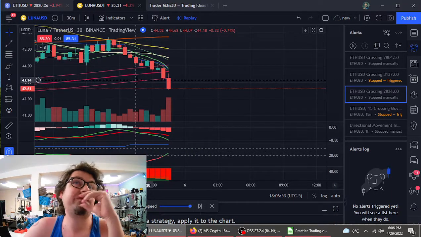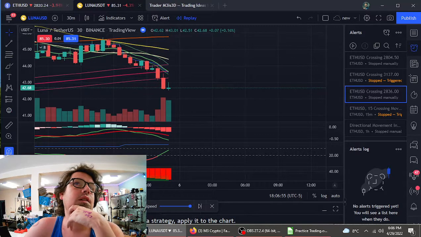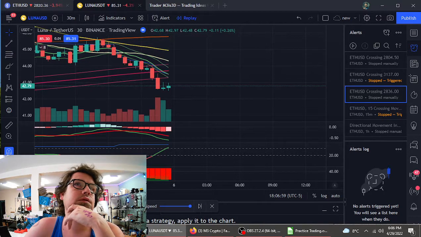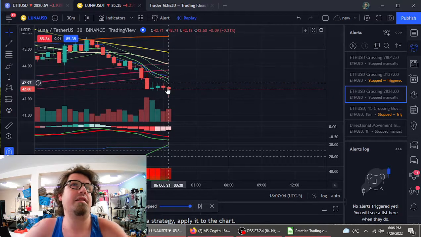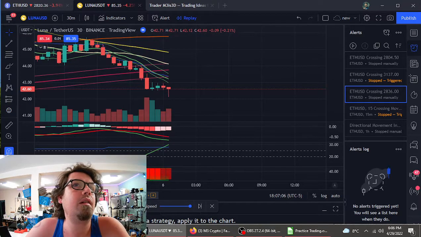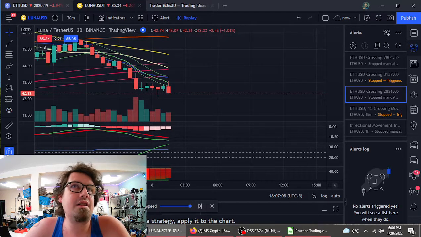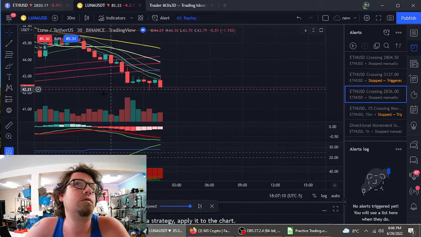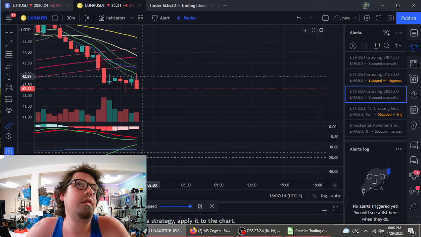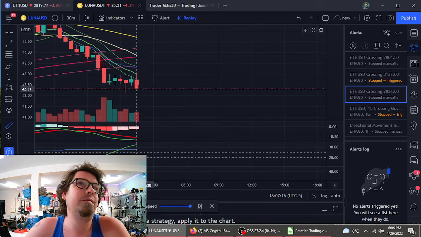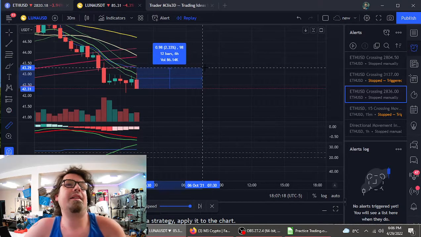Alright. I bet this is going to go back down. Yeah, I could have set it there, but I'm trying to be pretty conservative. Maybe we'll try for something here. This did bounce against the middle line. Actually, I don't know.